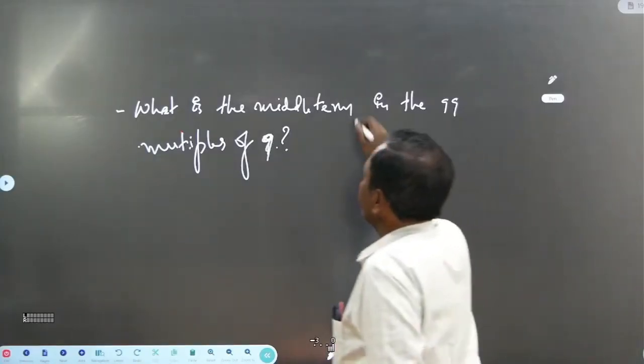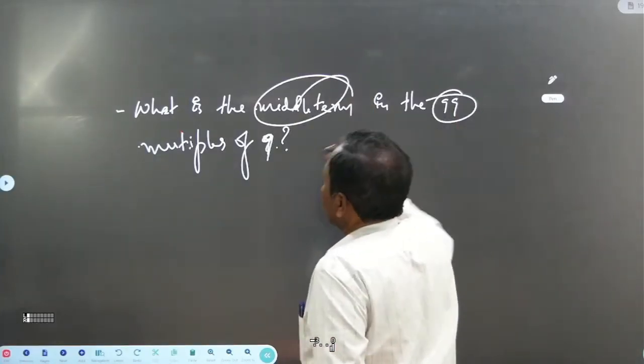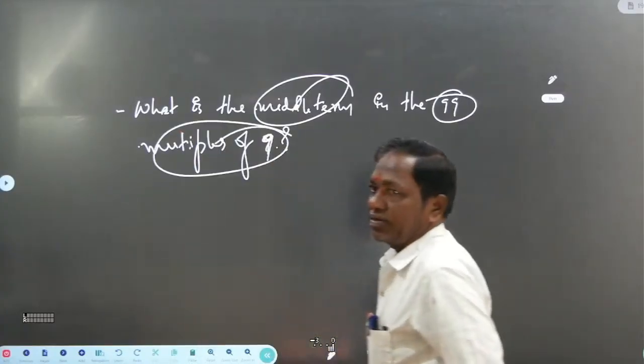What is the middle term? 99 multiples of 9.